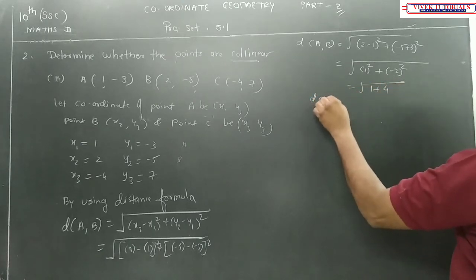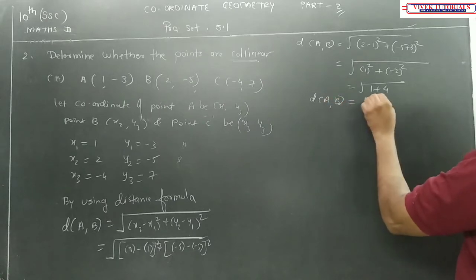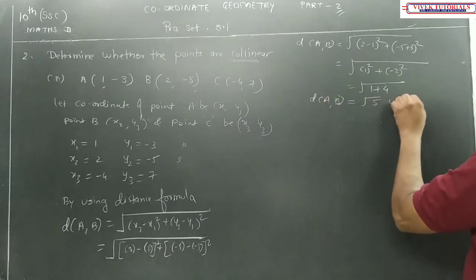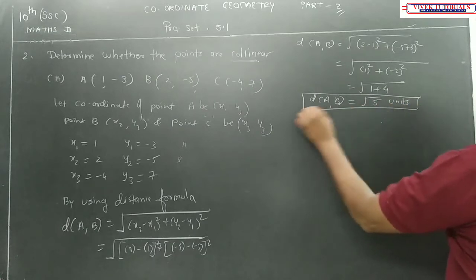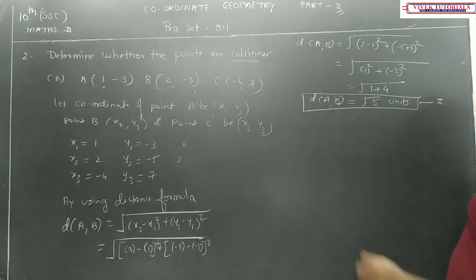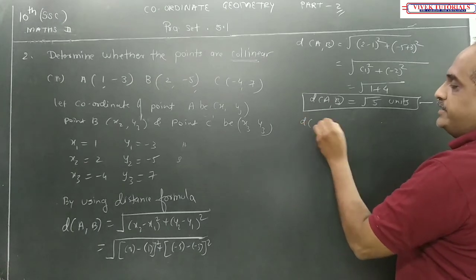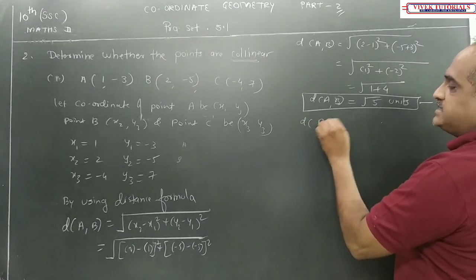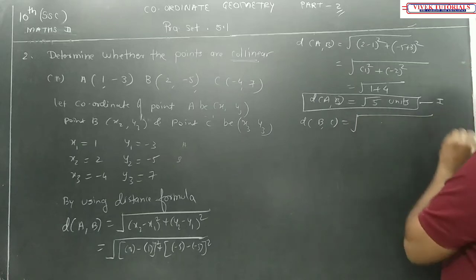So distance AB is equal to root 5 units. This I am going to take as equation 1. Then I am going to find out distance BC.